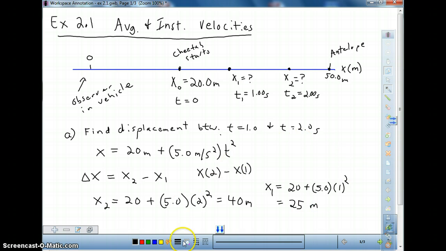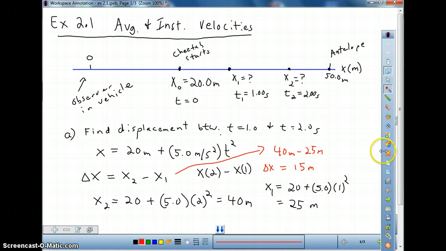And then finally, I'm running out of room here, so I'm just going to do it in red right here. Delta x, which is just subtracting the two, which represents the displacement, from where I started to where I ended, is simply going to be 40 meters minus 25 meters. And delta x is going to equal 15 meters.